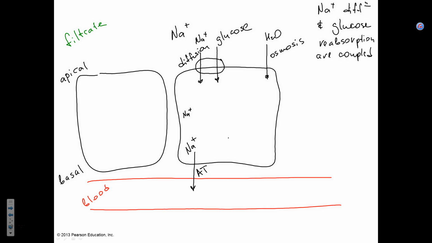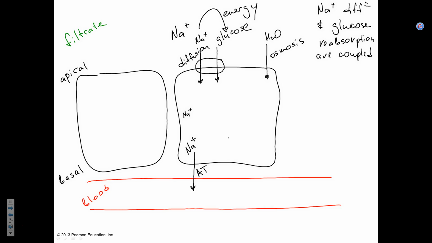When processes are coupled, one is required for another. Sodium diffusion is required for glucose reabsorption. And this glucose, this is an example of secondary active transport. So energy harnessed from sodium diffusion will be used to move glucose against its concentration gradient. Does that make sense to you?